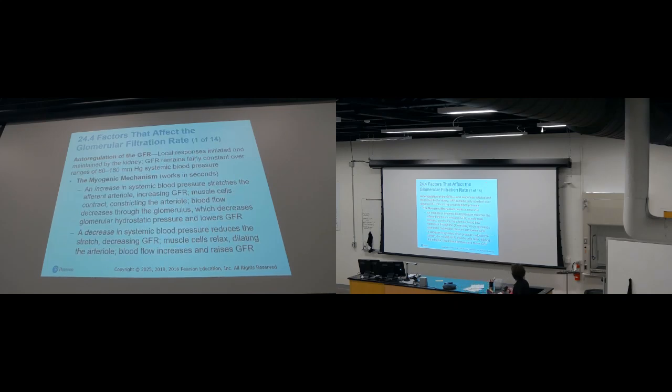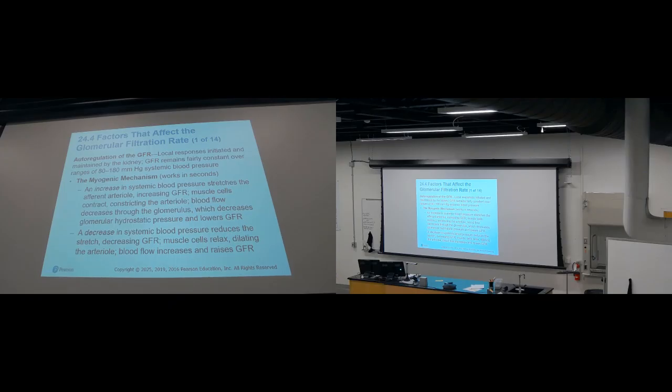And then we already talked about this mechanism for regulating your GFR, which is the myogenic mechanism that takes seconds. This is related to the stretch of the muscle cells around these arterioles in relationship to your blood volume.